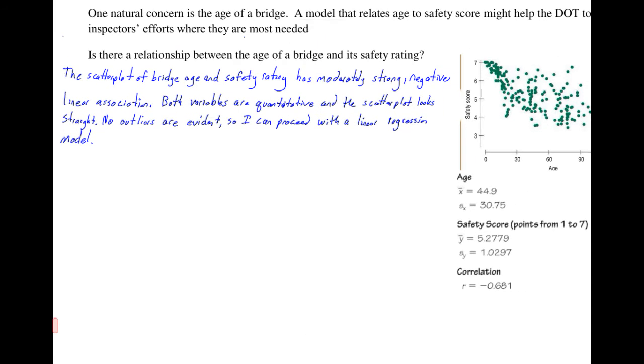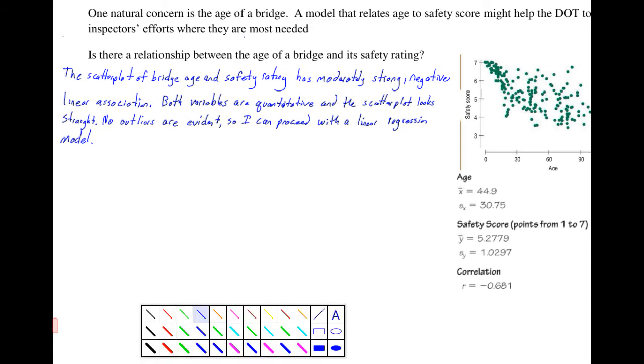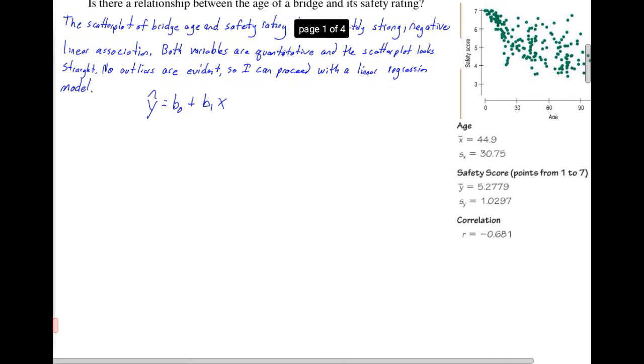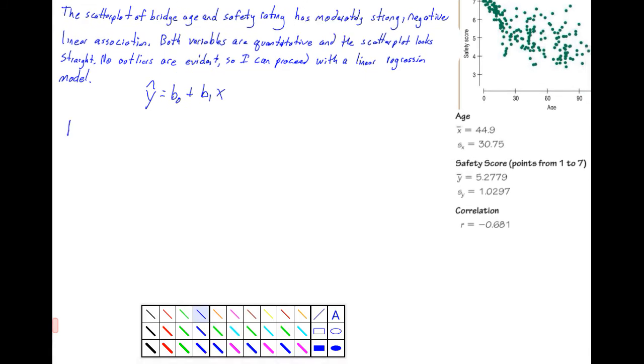Okay, so from your reading, you'll recall that the regression model is y hat equals b naught plus b1 times x, which is your explanatory variable. And b1 equals the correlation times the standard deviation of the y variable divided by the standard deviation of the x.